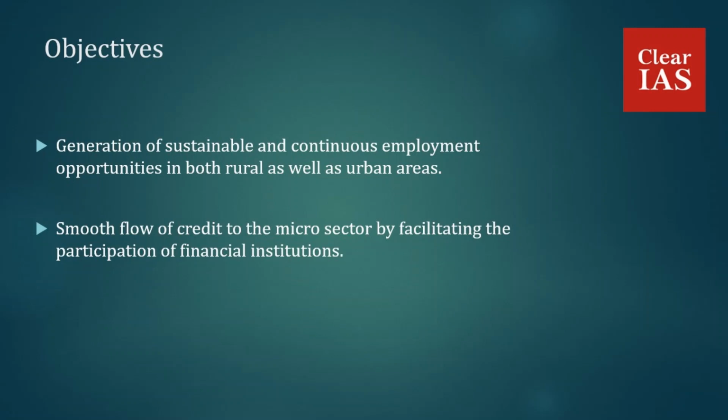The next one is smooth flow of credit to the micro sector by facilitating the participation of financial institutions. And the Cabinet Committee on Economic Affairs has given approval for the continuation of PMEGP for 3 years beyond the 12th plan, from financial year 2017-18 to 2019-20. So those are the objectives of PMEGP.